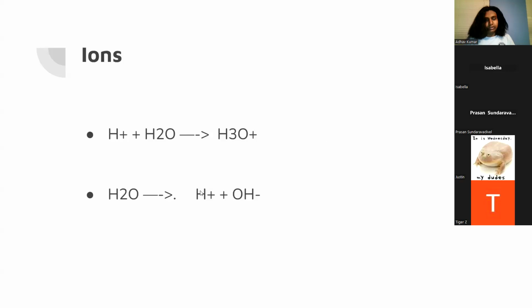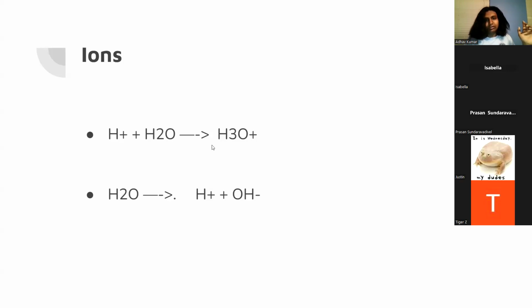Those two ions, I really hate Google Slides formatting here. It's kind of hard to read, but the key with acids is that when they're dissociated in an aqueous solution, they give off hydrogen plus, H+ ions. Another name for that would just be protons.